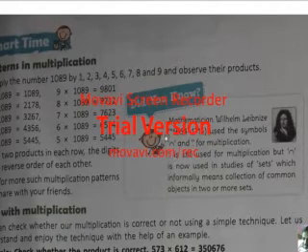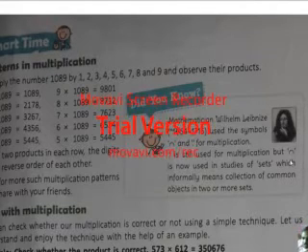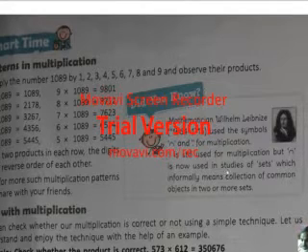In place of the multiply sign, he was using this symbol, and it is still used for multiplication in some books. But this sign is now used in the study of sets. It represents the common members of different sets.